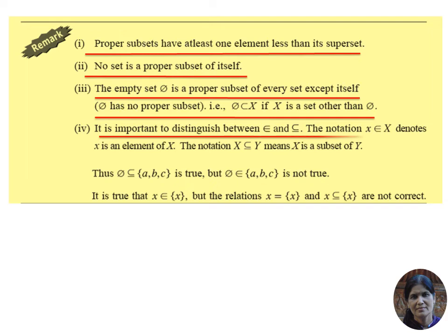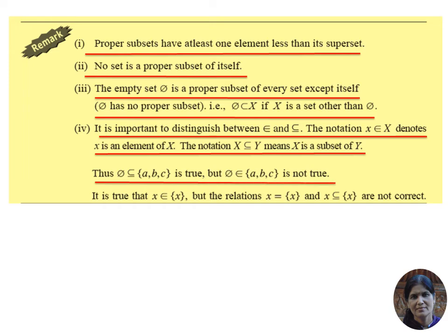It is important to distinguish between 'belongs to' and 'subset'. The notation x belongs to X denotes x is an element of X, and the notation X is a subset of Y means X is a subset of Y. Thus, phi is a subset of the set {A, B, C} is true, but phi belongs to {A, B, C} is not true.